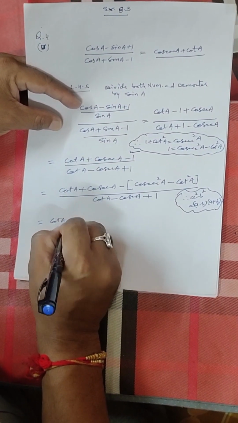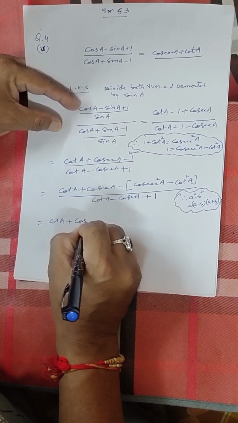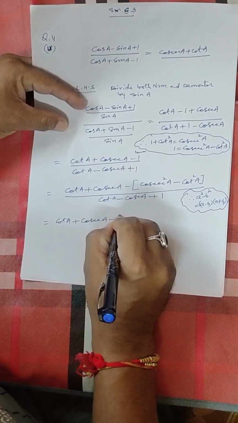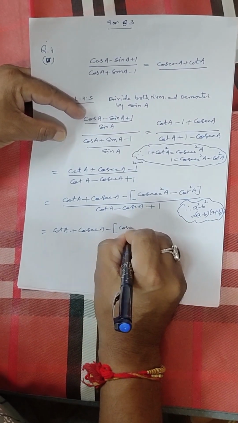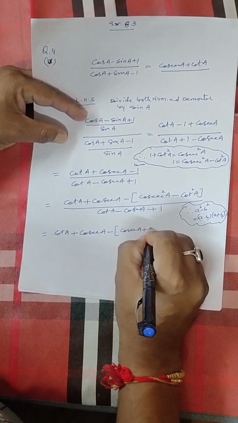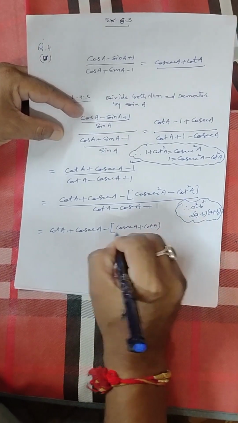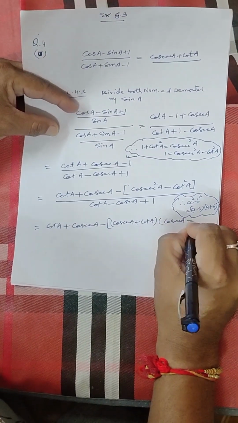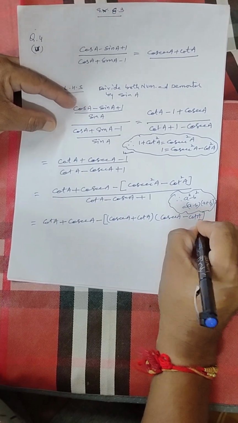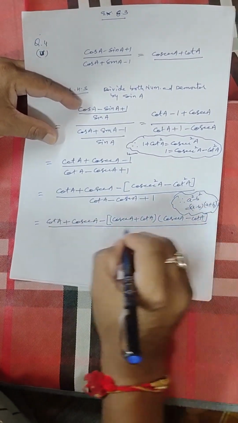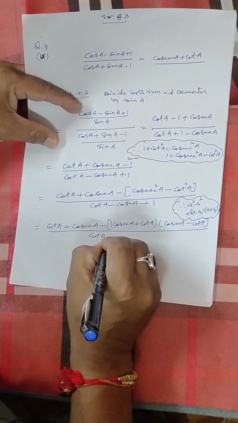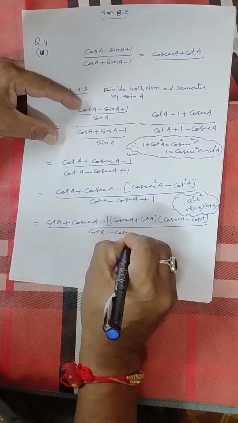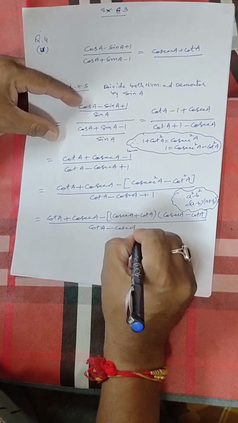Cot A plus cosec A minus cosec A plus cot A, then cosec A minus cot A, upon cot A minus cosec A plus 1.